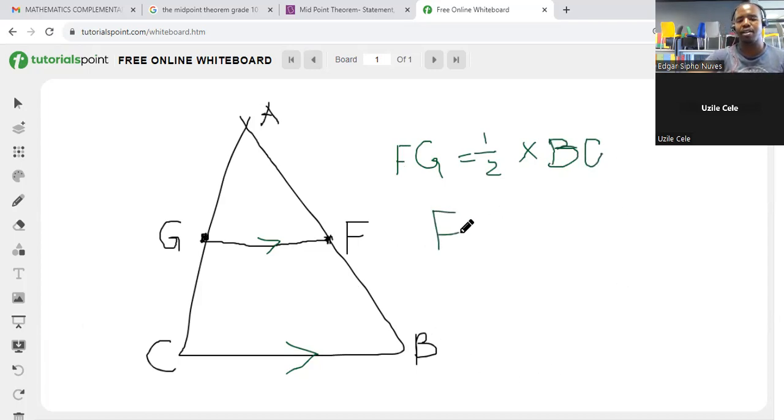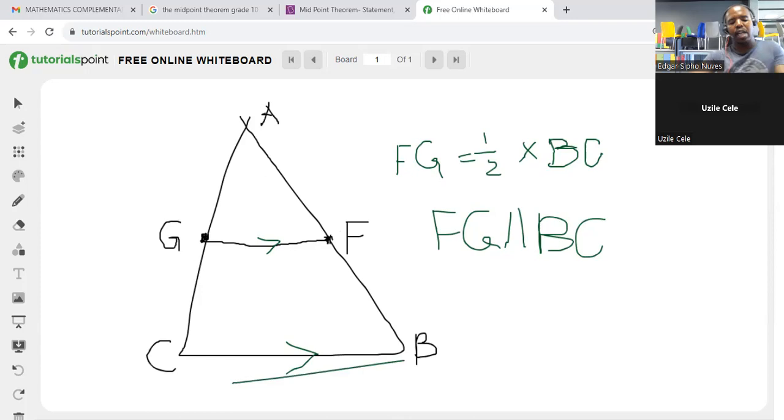It says that the line that goes through the midpoints is parallel to BC, and it's also half the size of BC. If these are midpoints and we draw a line through them, that line is parallel to the third side of the triangle, and also half of that side. Do you understand? Yes. Okay, now I think we can actually go back to our question.